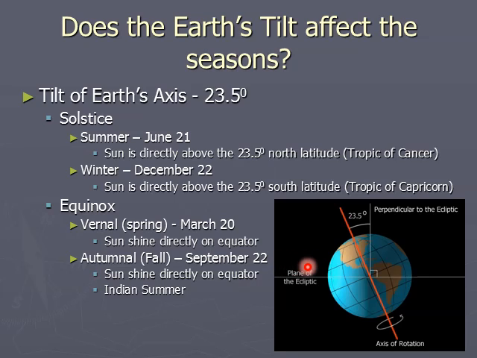And when it's wintertime, the sun is hitting this other part of the globe, and then the Earth spins on its axis. There's a phenomenon in the autumn here in North America called Indian summer. It's a time in the autumn where the temperatures get up close to the normal summer temperatures.